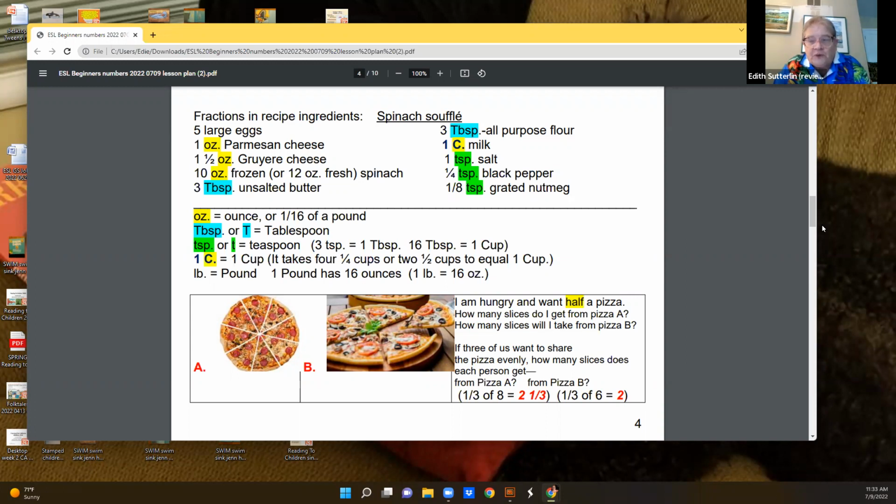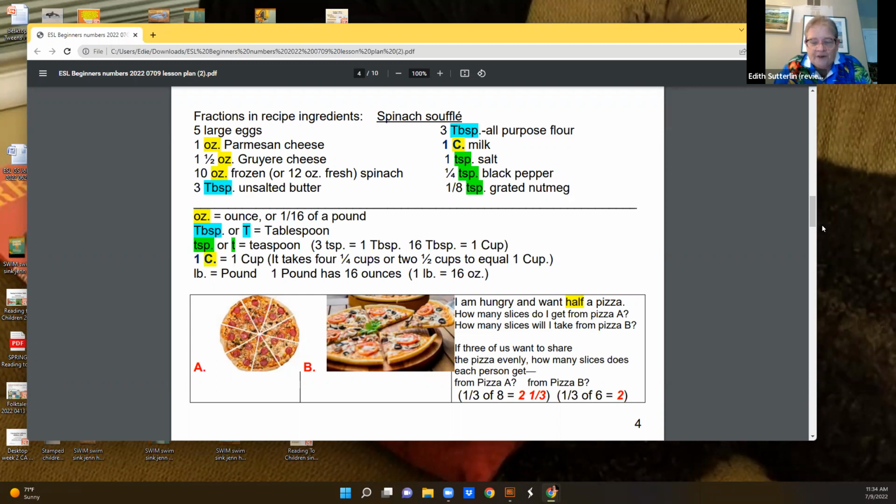That's the larger spoon, like a serving spoon. 1 teaspoon is more like what you stir your tea with or have in the morning for cereal. So this recipe calls for 3 tablespoons of unsalted butter. 3 tablespoons, can you say that? 3 tablespoons of all-purpose flour.